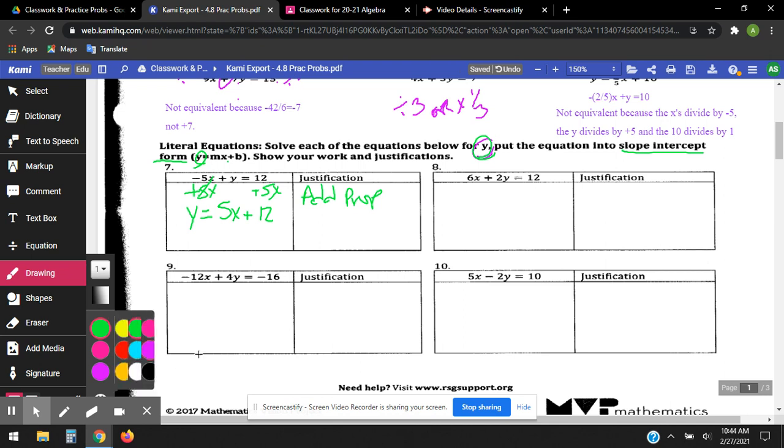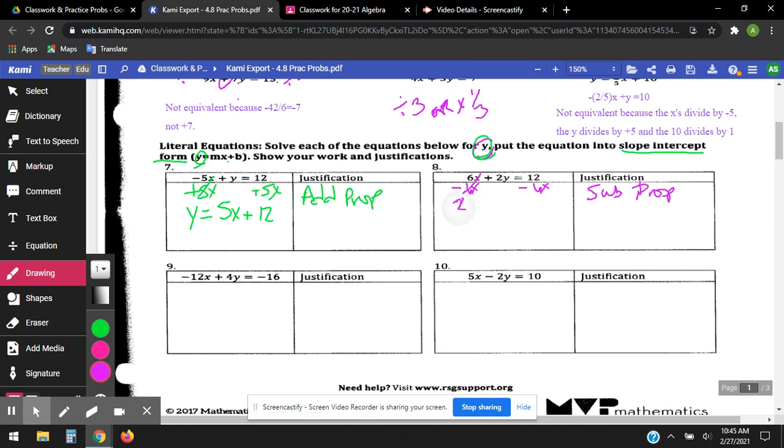Okay, 8 over here. It's purple on this one. All right, first I need to move my x over. So minus 6x this time, because it is a positive, and that was a subtraction property.